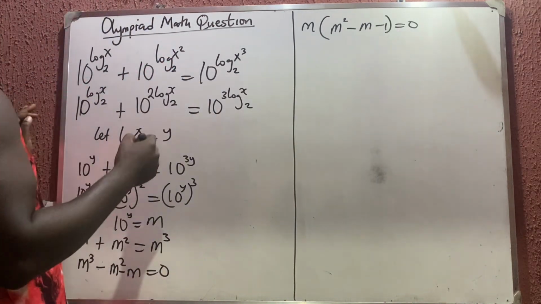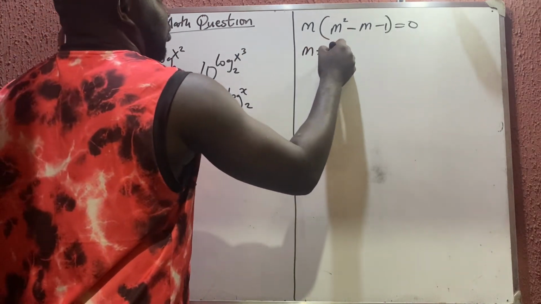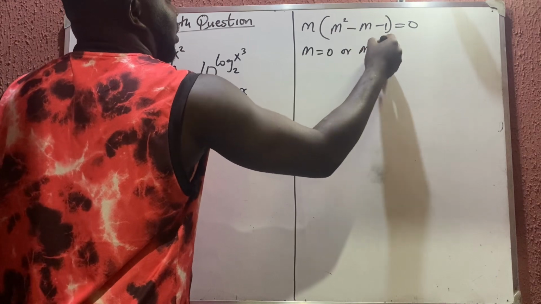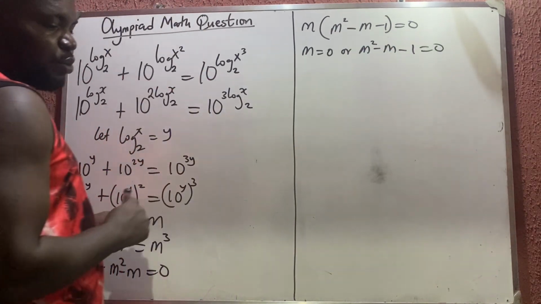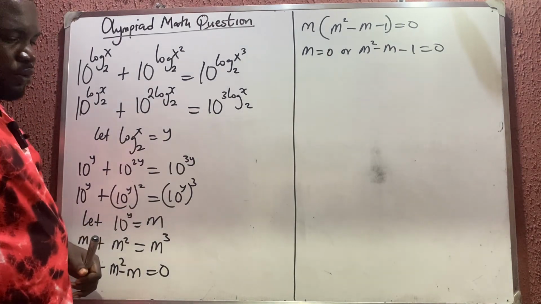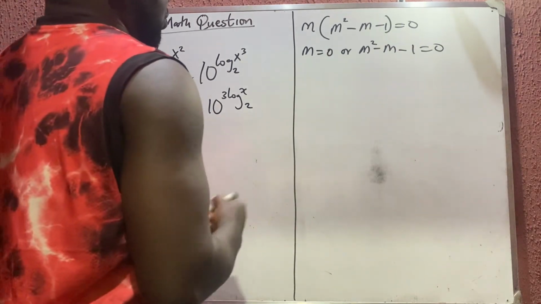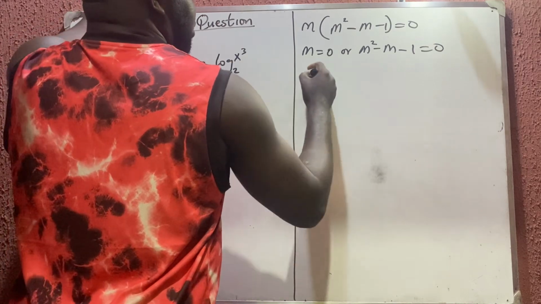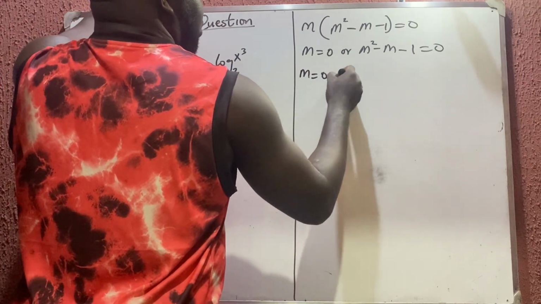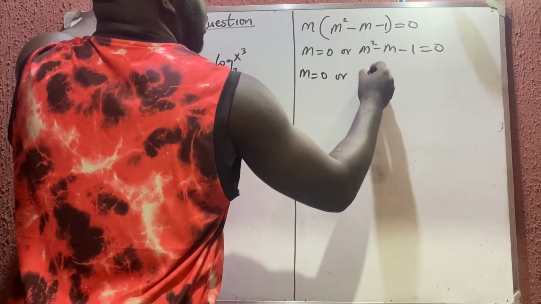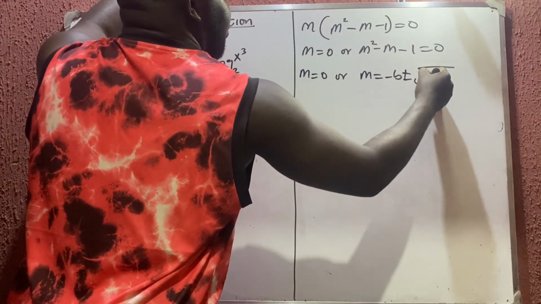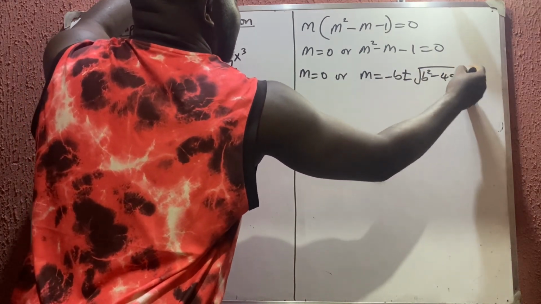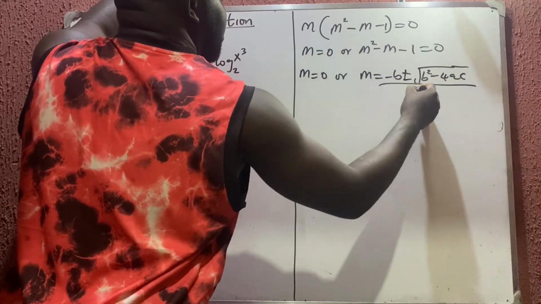So m is equal to 0, or m squared minus m minus 1 is equal to 0, because when the product of two things is equal to 0, one of them must be 0. So m is equal to 0, or, using the quadratic formula, m is equal to minus b plus or minus the square root of b squared minus 4ac, all over 2a.